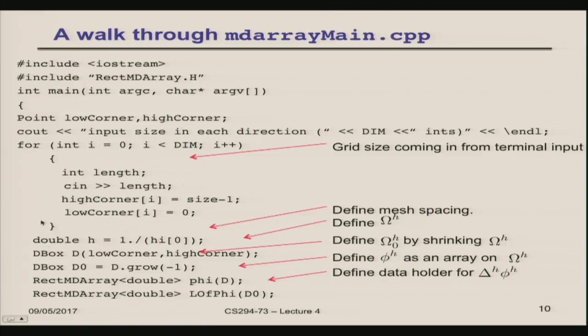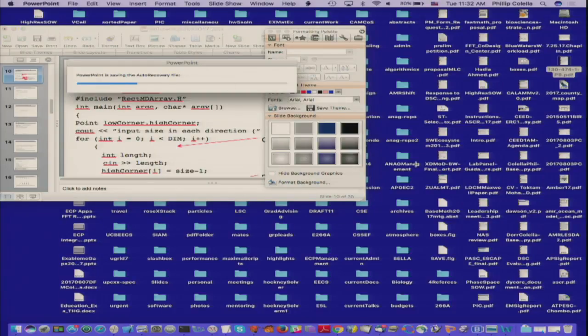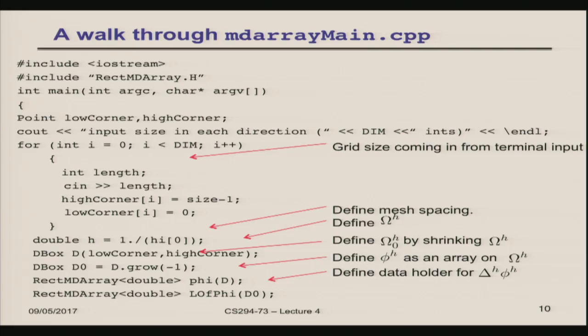So we're going to send to standard output, terminal output, a string, which is 'input size in each direction' in parentheses and quotes, and then I say dim, so I'm going to output whatever the dimensionality of the problem is, and then endl. There shouldn't be a backslash there. I'm not even going to try to fix that. Fix it later.